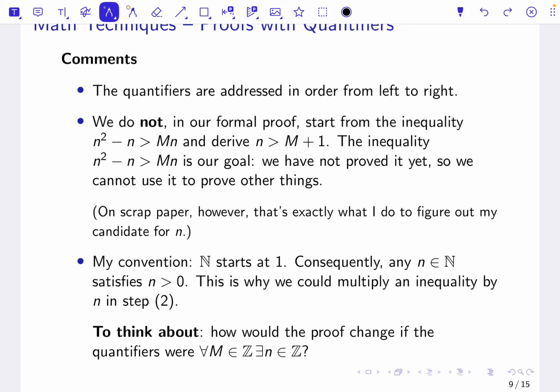These comments are basically what I just went over. The quantifiers are addressed in order from left to right. I'll show you why that's important at the earliest opportunity.